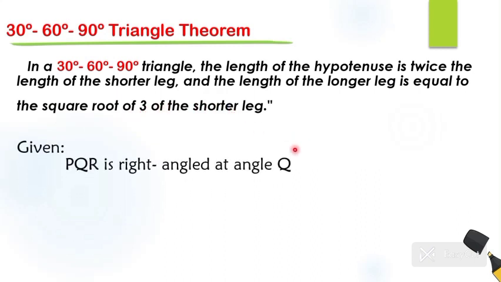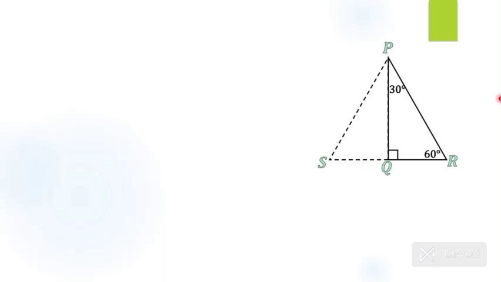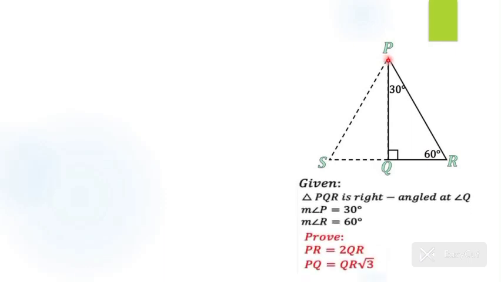Here we have the given: PQR is right angled at Q. So since it is right angled at Q, we have now the angle P which is 30 degrees and angle R which is 60 degrees. In this slide, we are going to prove if this equilateral triangle is true. Since we know that if we cut this equilateral triangle, we can form a right triangle that measures 30 degrees, 60 degrees, and 90 degrees.